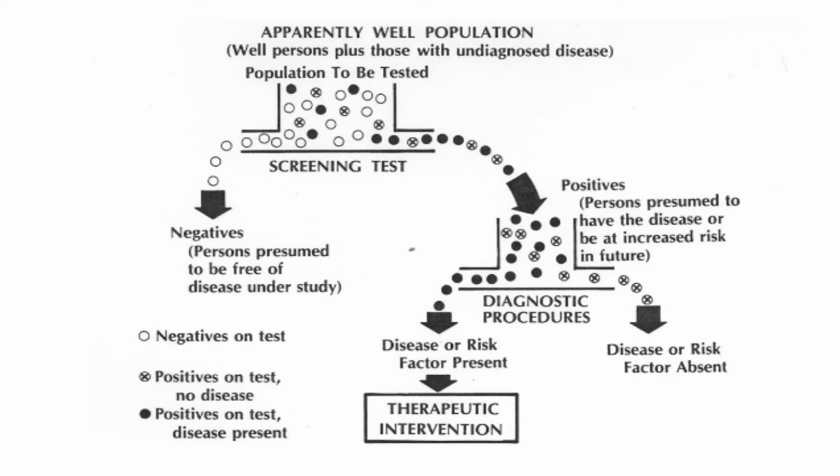If it is negative, the persons are presumed to be free of disease under study. But if it is positive, the person is presumed to have the disease or be at increased risk in future. And in these positive cases, the diagnostic procedures are applied. So those who are positive, the therapeutic intervention takes place, and those who are negative, it is supposed to be risk factor or disease absent.